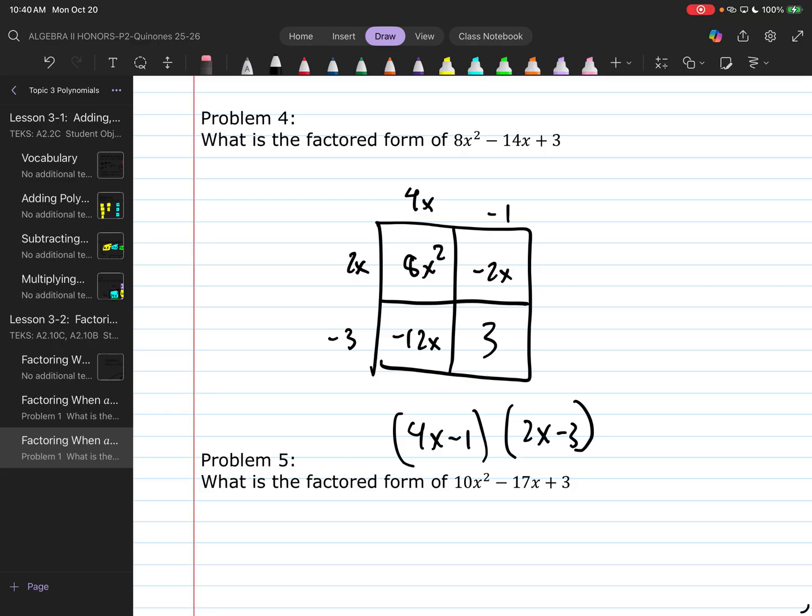I have put the answer up on the board. I'll give you a few more seconds for you to check and do your work. Yeah, this one was a bit tougher because there's a couple different multiples for the leading coefficient, right? There's 1 and 8, 2 and 4. So making your decision between both of those is kind of tough. But again, guess and check. Which one is going to play out to your advantage?